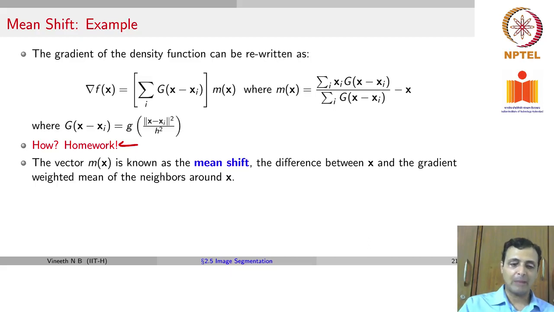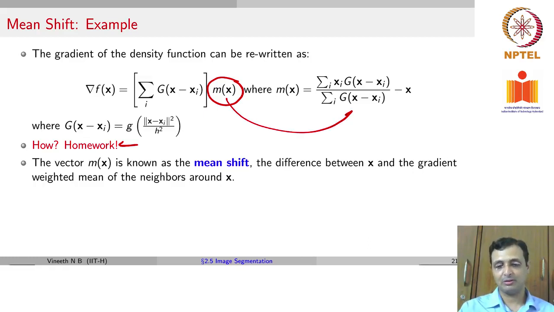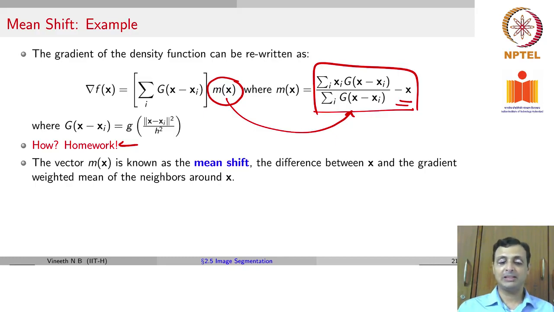This vector m of x, which corresponds to the gradient, is also known as the mean shift. It's the difference between x and the gradient weighted mean of the neighbors around x. x is where you place the filter, and x minus xi are the values in the range of that filter, and you do convolution, very similar to how we saw convolution earlier.